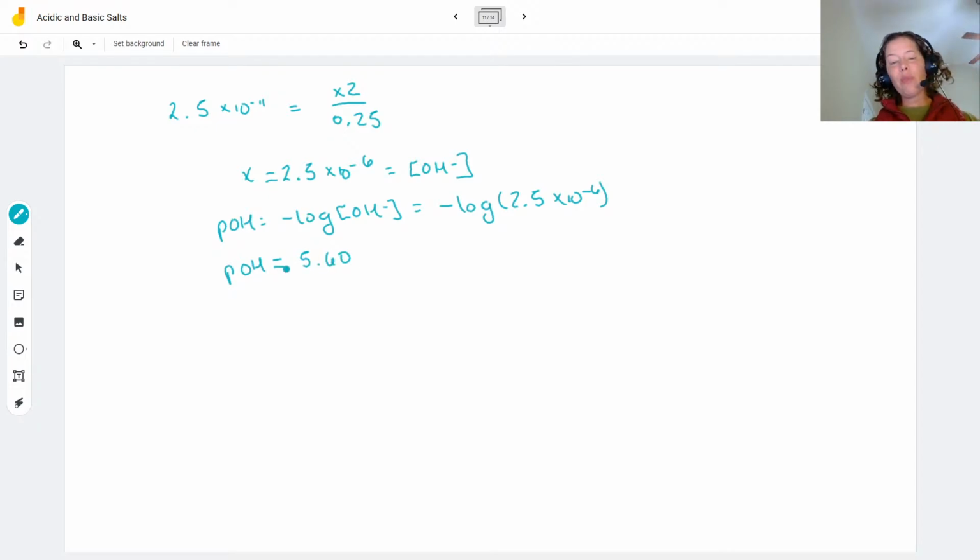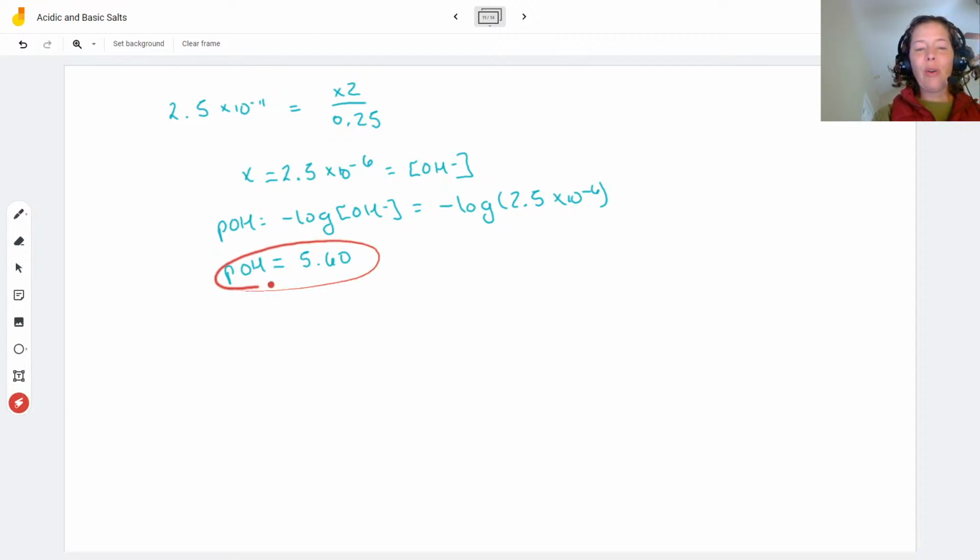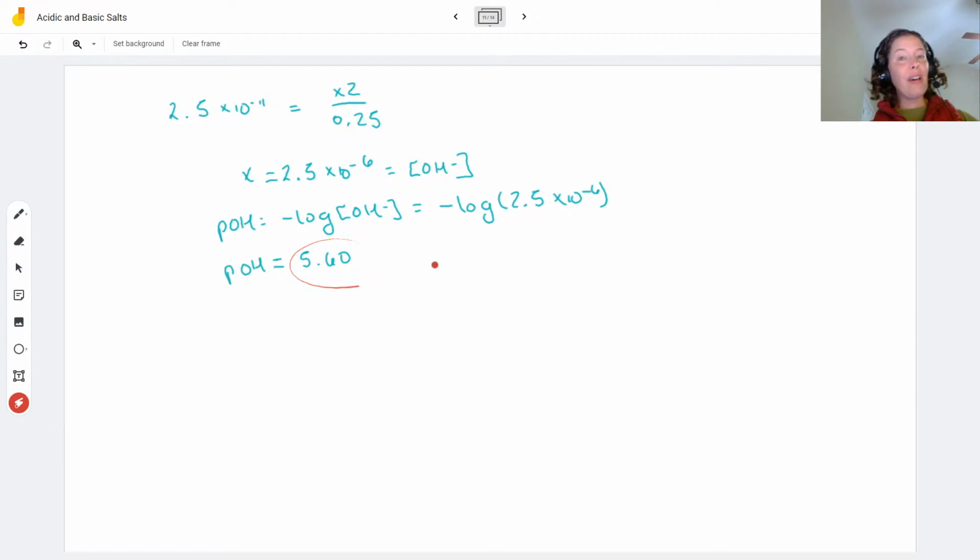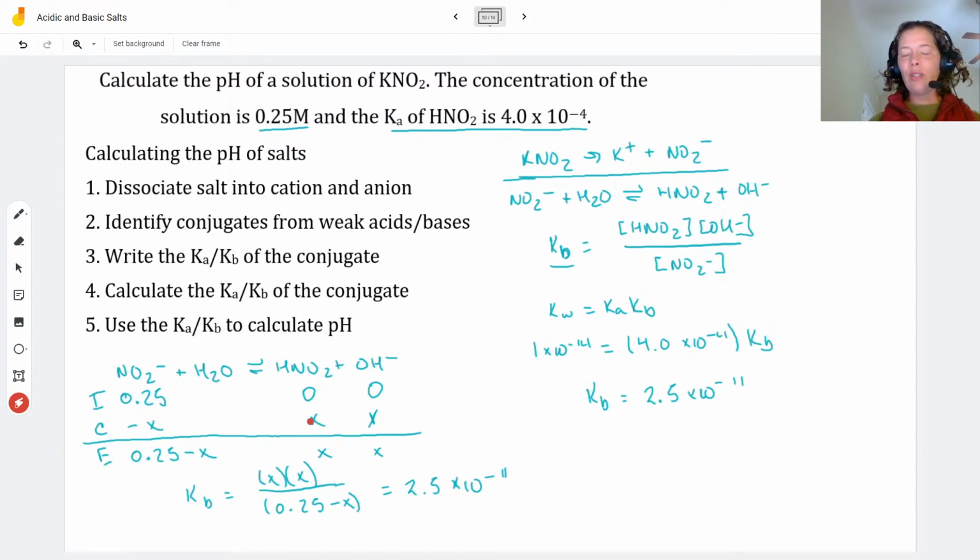So hopefully at this point, if you forgot that you were actually calculating pOH and you thought you were calculating pH, hopefully some bells would be going off here. Because if you have a pH of 5.6, that means you have an acidic solution. This should be a basic solution, right? Because what is working here?